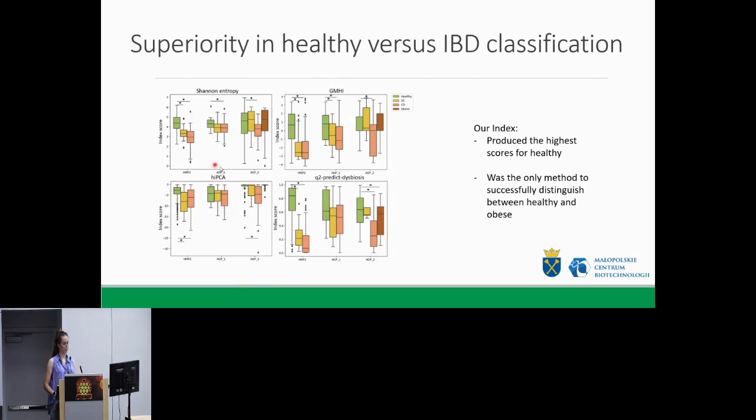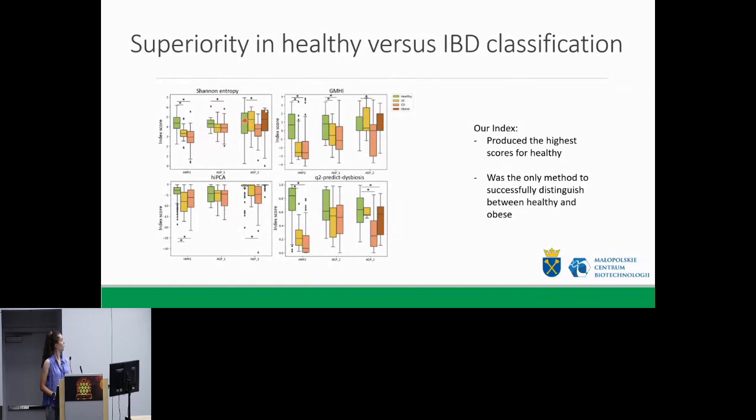So we can see that when we look at the Human Microbiome Project 2, our index is producing the greatest separation between the healthy and the diseased individuals. GMHI is doing a similar job, but actually Shannon entropy and high PCA are struggling a bit. When we look at the other cohort, again, high PCA and Shannon entropy are not able to distinguish between those individuals.